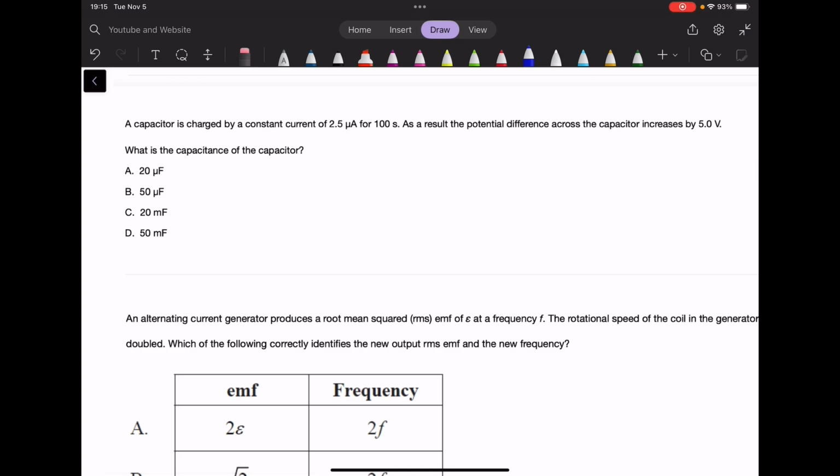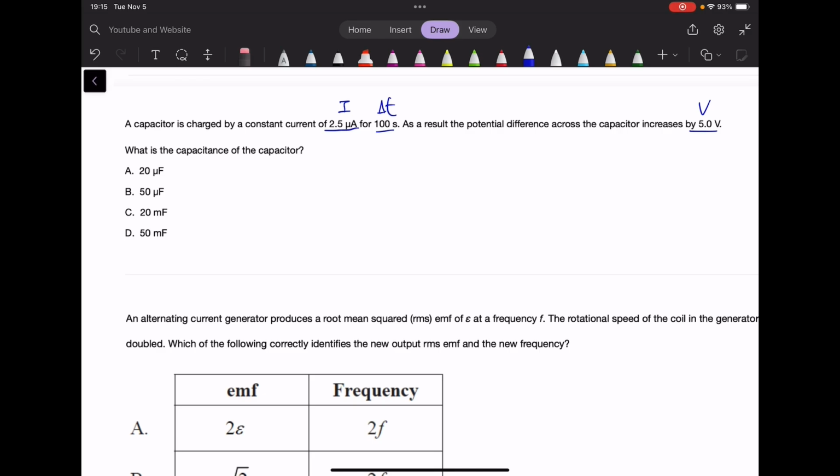A capacitor is charged by a constant current of 2.5 microampere for 100 seconds. As a result, the potential difference across the capacitor increases by 5 volts. What is the capacitance of the capacitor? So we have current here, we also have time, and we have voltage.